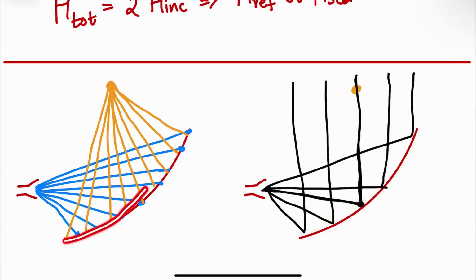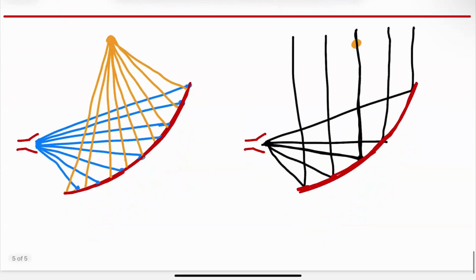But physical optics has said that it comes from everywhere. So how do you resolve this seeming contradiction, where physical optics says I have contribution from everywhere, whereas geometrical optics or ray optics says that I only have contribution from one point? That's what we want to do next.